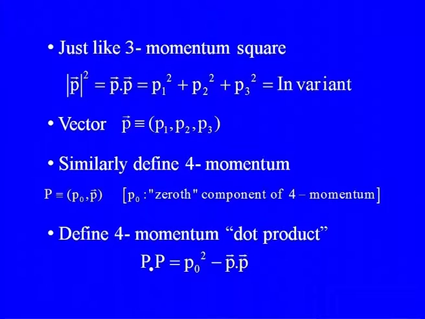And then we define the square of the 4-momentum with the help of this special dot product. That's why when I say a dot product, I don't put a simple dot, but a rather bigger dot. So that's equal to P0 squared minus the 3-dot product of the linear momentum that we have here.